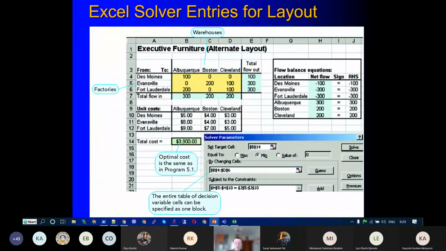So here is also how it's possible to make the configuration for Excel Solver. This is the major benefit of using a spreadsheet. You do not need to manually solve a system of linear equations.